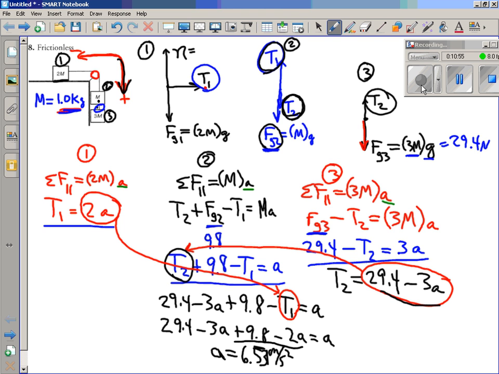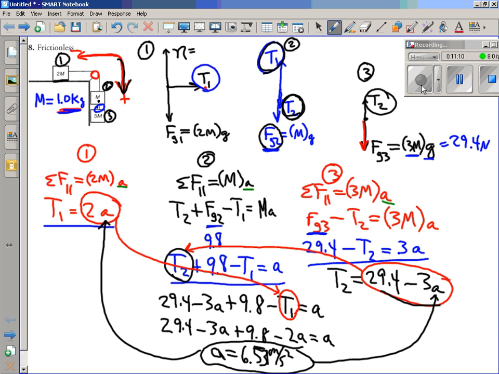Once you know the acceleration, which is one of the things you're looking for, you can now plug that in for this a and this a, since they're all accelerating at the same rate, and solve for both T1 and T2.